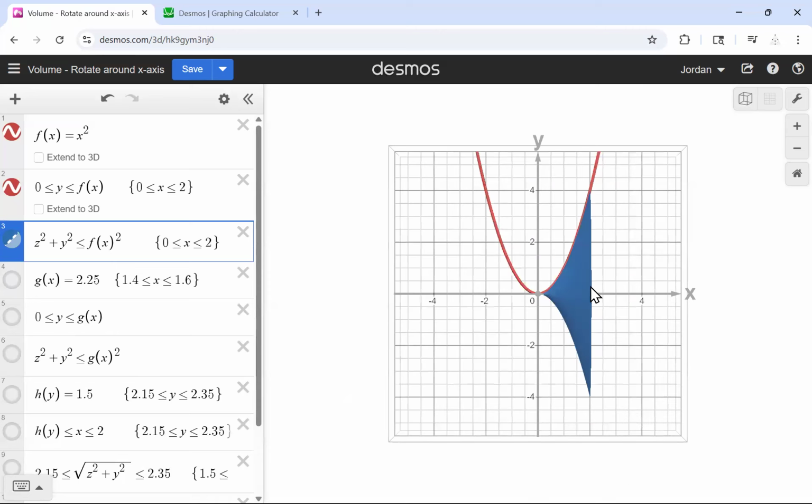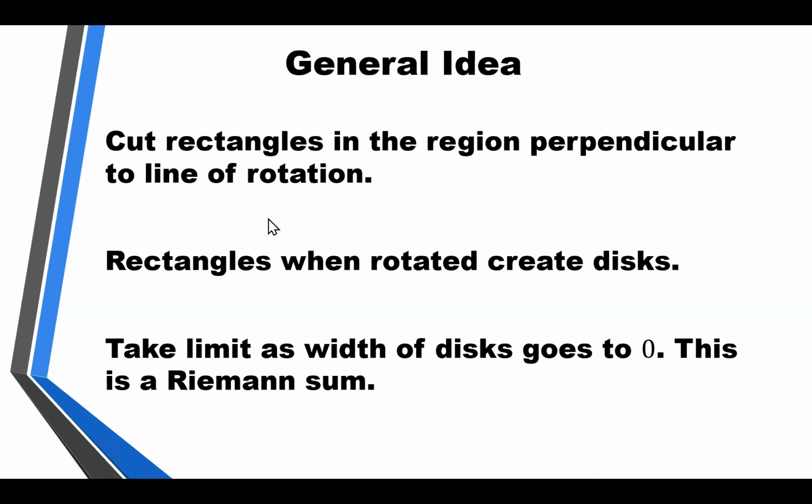We start out in 2 dimensions, we find the area of a closed bounded region, and then I'm going to rotate that area around the x-axis or the y-axis or some other horizontal line or some other vertical line. The way we do this is similar to the Riemann sum where we found the area.